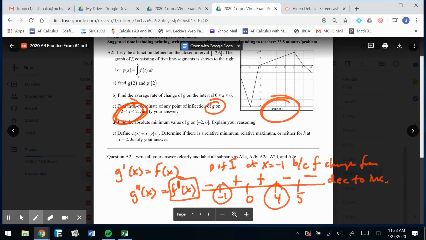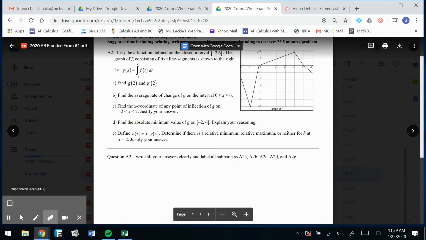And remember, that would be the best way of describing it. You could also talk in terms of second derivative. You could say the second derivative changes from negative to positive. Remember, AP loves it when you use what they give you, but the second derivative information would work as well, and that would be worth 2 points. So far you could have a total of 5. Not bad so far if you really think about it. You could have got 5 just right there.